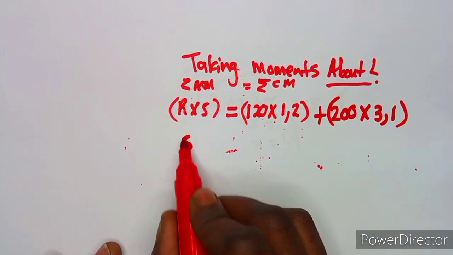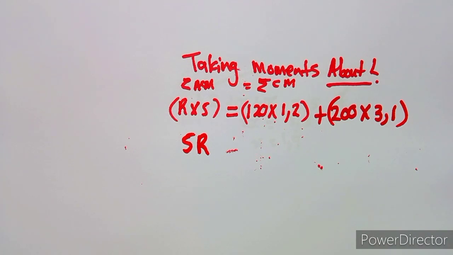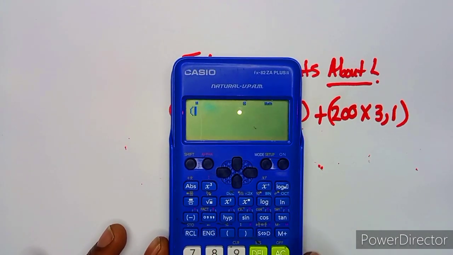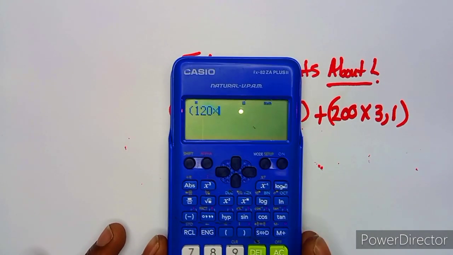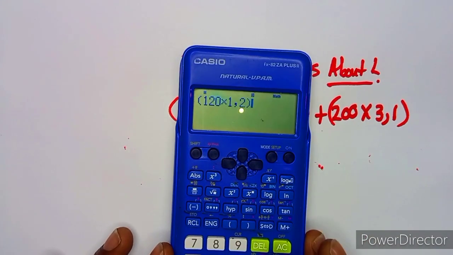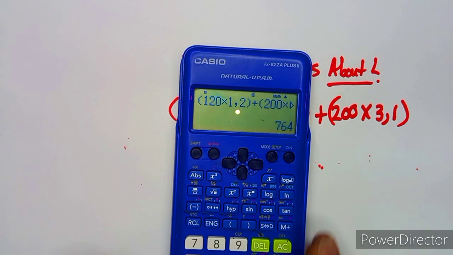All right. So formulating the equation just like what we did on the previous part, we are going to end up with 120 by 1,2, plus you add the other part, which is 200 times 3,1, which is 764.